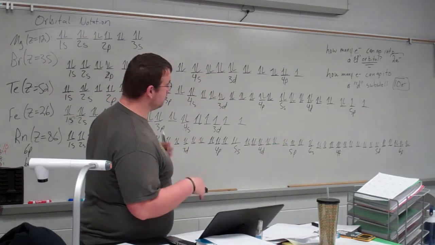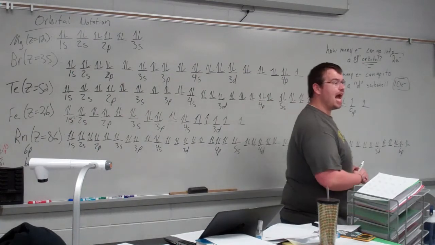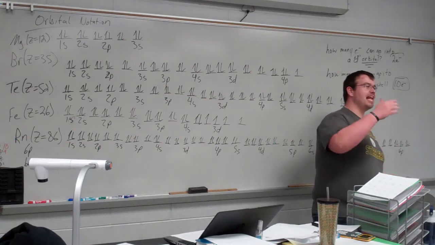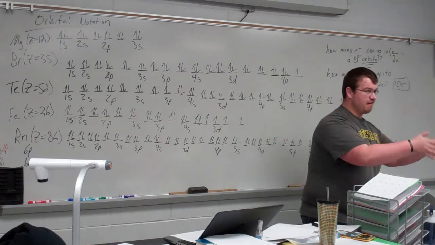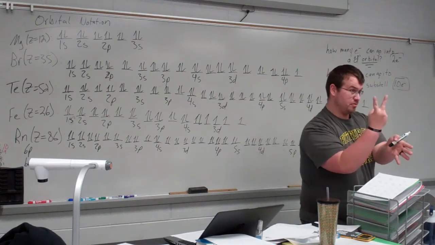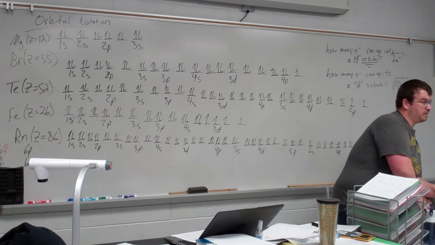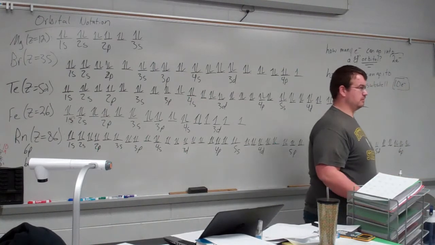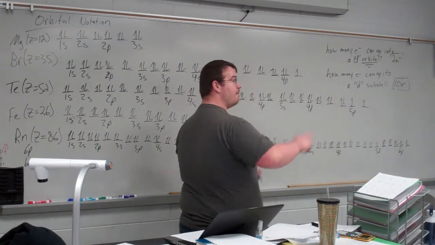How many electrons can go in a p subshell? 6. How many electrons can go into an f orbital? 2. How many electrons can go in an f subshell? 14. How did you mastermind that? I'm happy you asked.